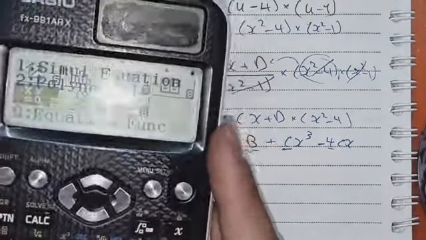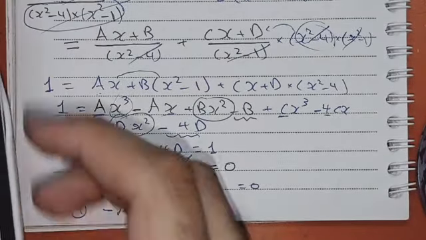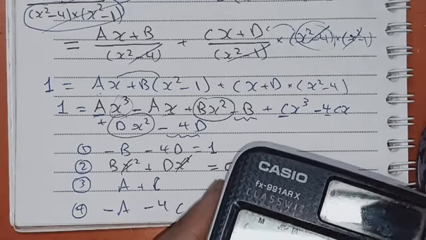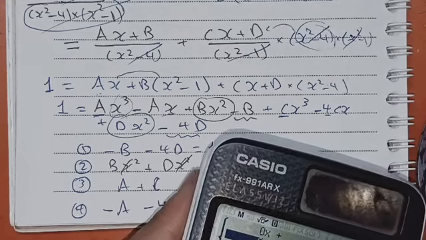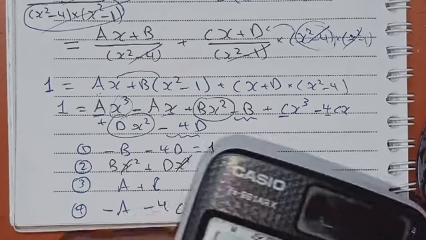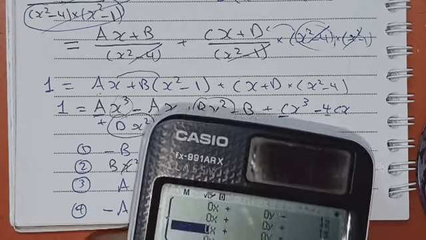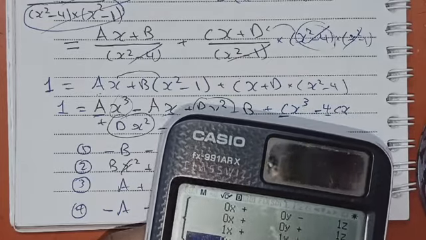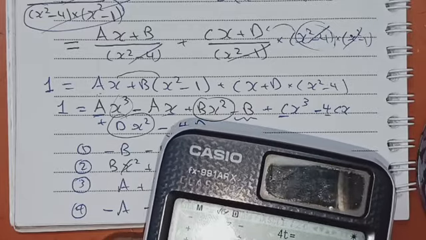I can solve them by hand, but it will be pretty long, so I will solve this by calculator. We have negative b minus 4d equal to 1, and we have b plus d equal to 0, and we have a plus c equal to 0 also, and we have negative a minus 4c equal to 0.